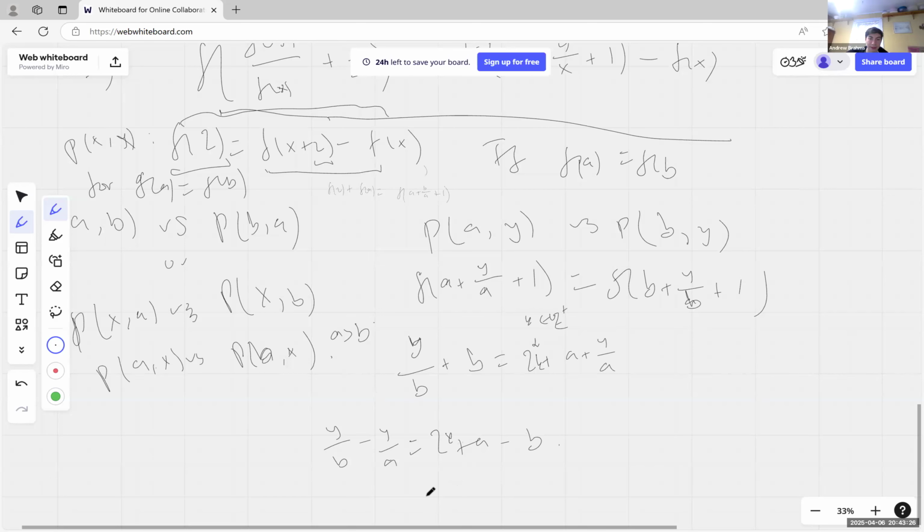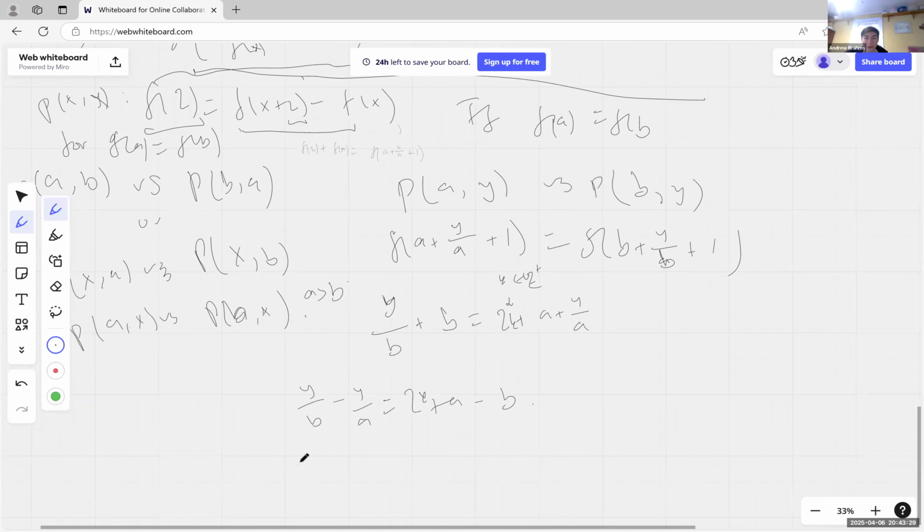Then you basically just have y times (a minus b) over ab is equal to 2k plus a minus b. Because this is some fixed value and this is also some fixed value, and all you need is for y to be arbitrarily large for this to be an integer, you're guaranteed that you can select some y. You don't have to show which y it is. You just need to show that it does exist.